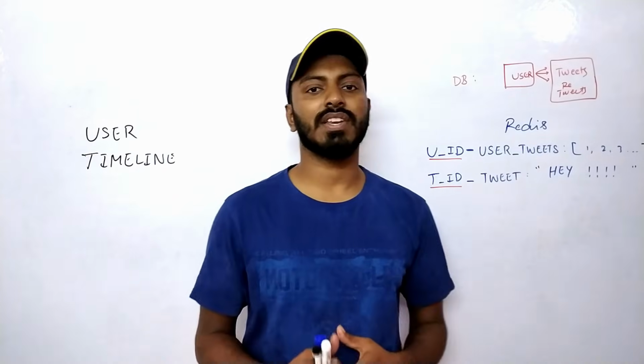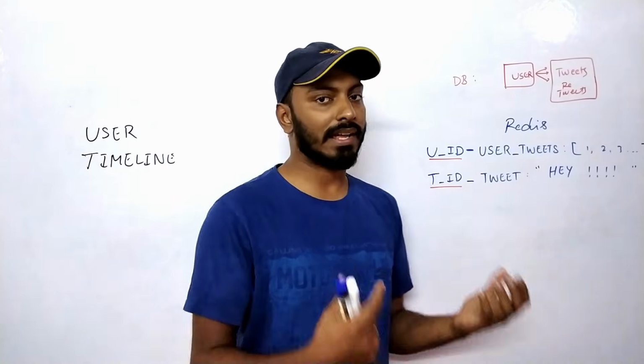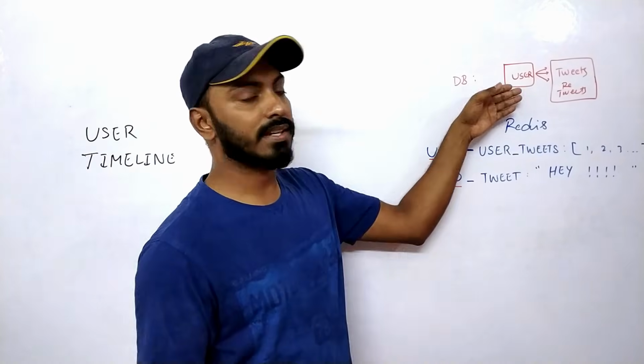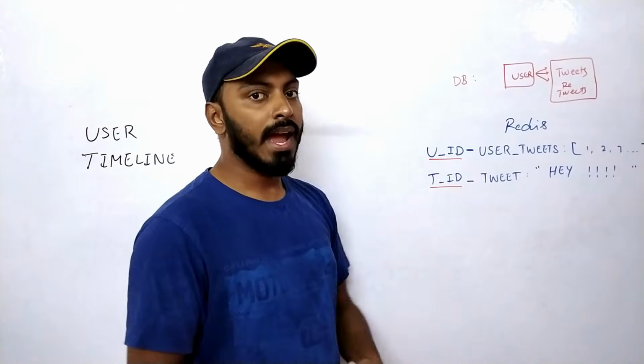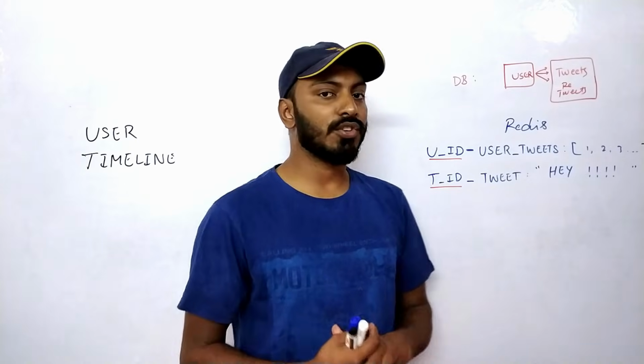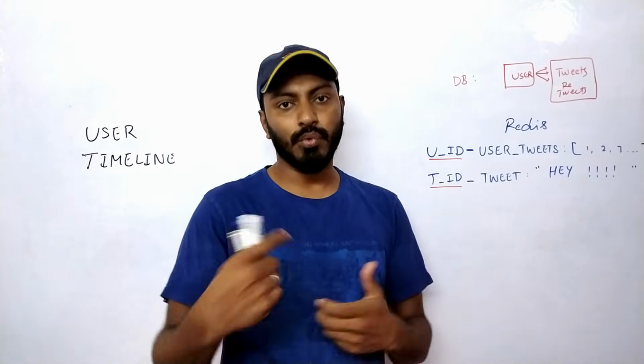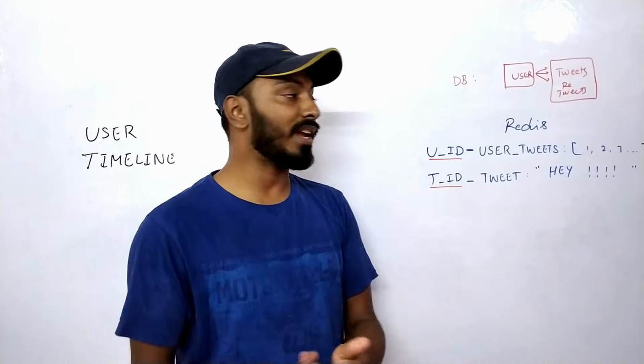So what we need to do is have one more layer called the caching layer, and we save the data for this user timeline query in Redis. Before that, when a user tweets, we also need to keep saving the tweet into Redis.